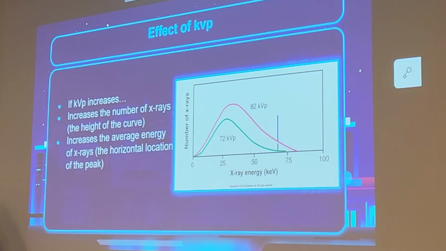No. Why not? Because that's the characteristic, always the same. So the peak is which interaction? The Bremsstrahlung. And so the Bremsstrahlung is changing, but the characteristic is not.